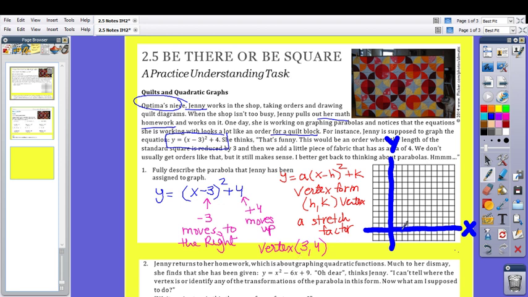So it's 1, 2, 3, and then 1, 2, 3, 4. So this will be the vertex, (3, 4). You can see it moved 3 to the right. Otherwise, we would have gotten our vertex here. So we moved 3 to the right and 4 up. So this is the vertex right now.